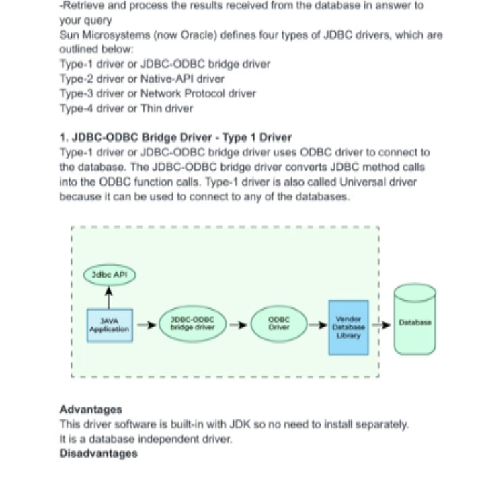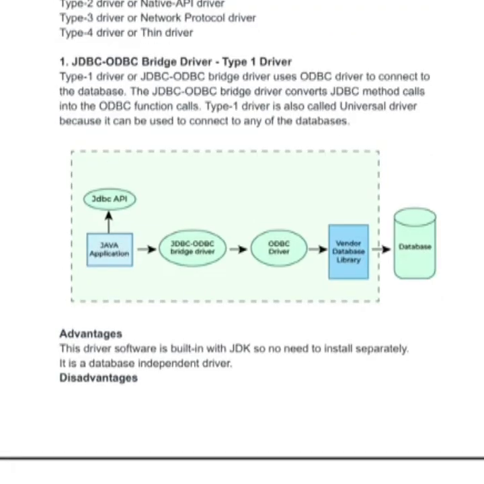So type 1 driver is also known as universal driver because it can be used to connect to any database. It is only used for testing purposes. So let us understand the diagram. First JDBC API, next Java applications, then JDBC ODBC bridge driver, ODBC driver, vendor database library, and database.